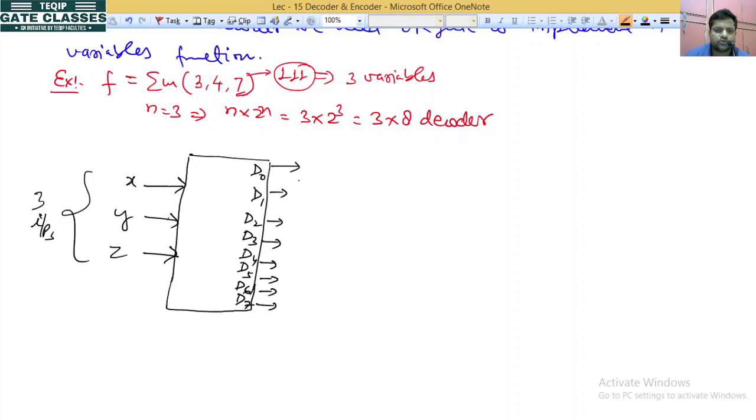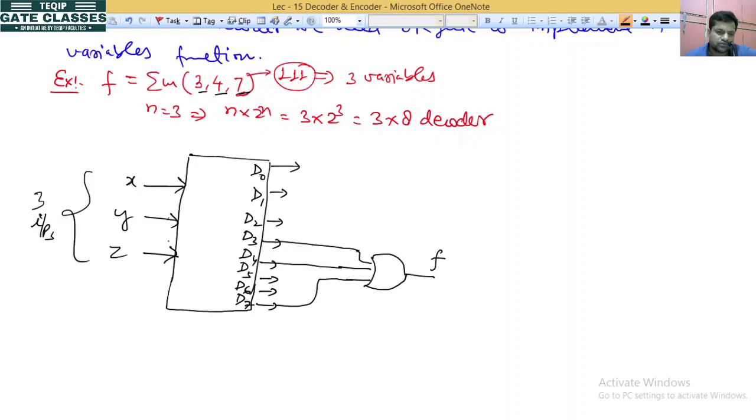So you have to add 3, 4, 7. 3 is coming from here, 4 is coming from here, and 7 is coming from here. We take all these minterms and just place one OR gate here. So it is implemented now.